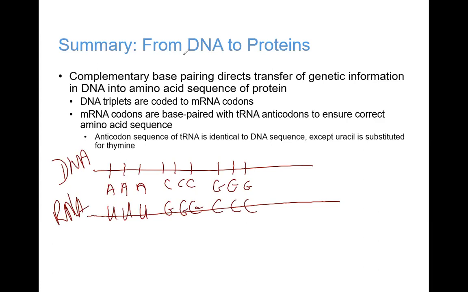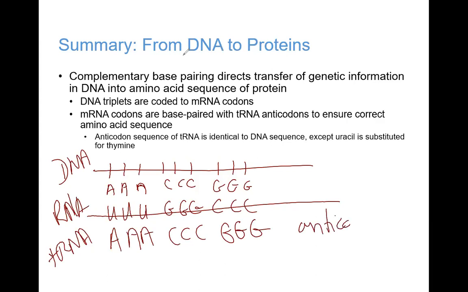Now the transfer RNA anticodon is going to be A, C, G, G, G. The transfer RNA anticodon is the exact sequence of the original DNA.